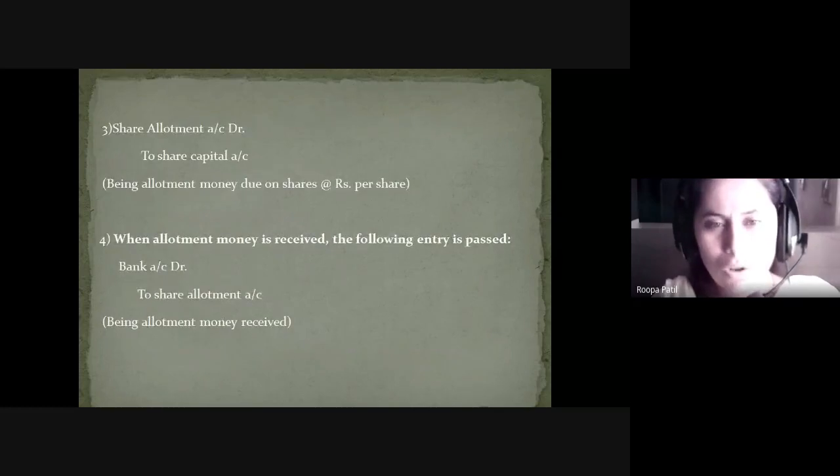So when you record the allotment entry, first record the transfer entry. Instead of application, share allotment account debit to share capital. Only the word is changed, right? Then the receiving entry, same: bank account debit to share allotment account.